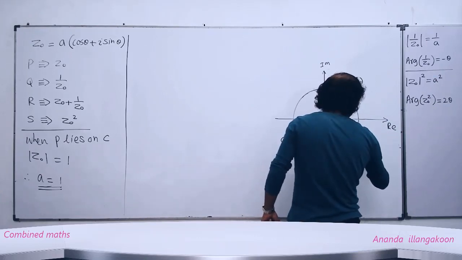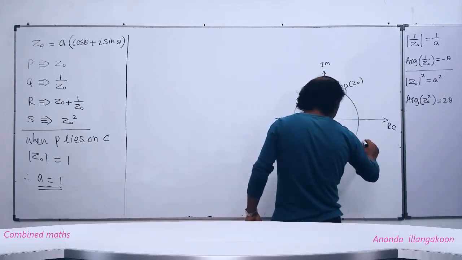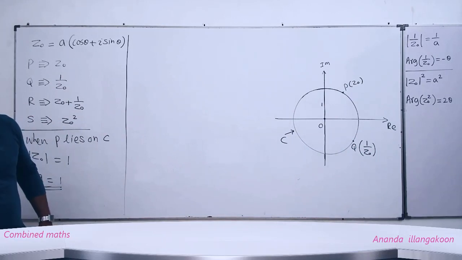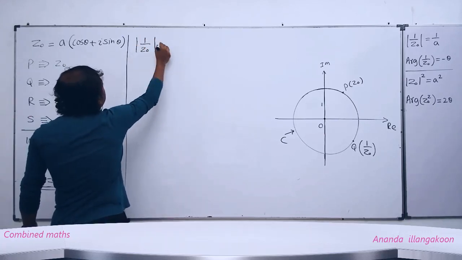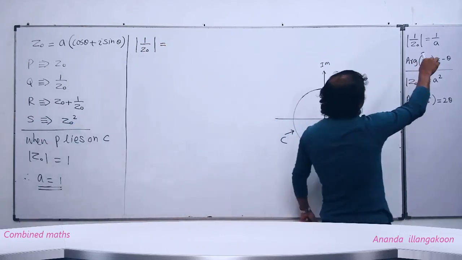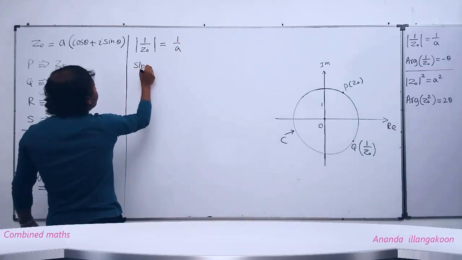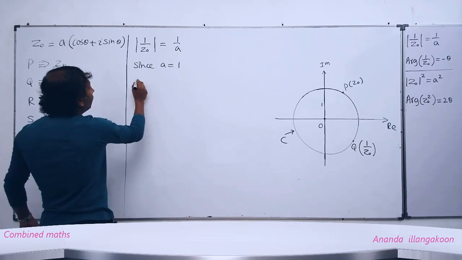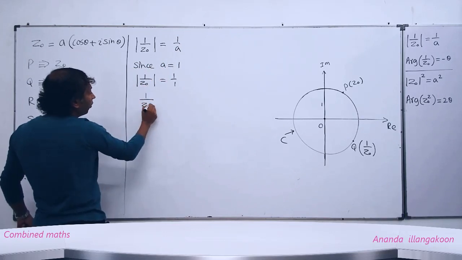This 1 upon Z naught is represented by the point Q. 1 upon Z naught modulus we found earlier as 1 upon A. Since A is 1, we proved here, 1 upon Z naught modulus is equal to 1 upon 1, which is 1.